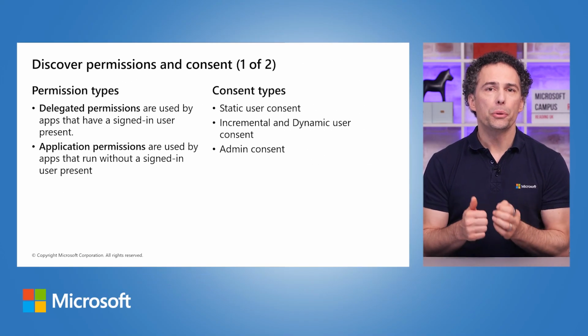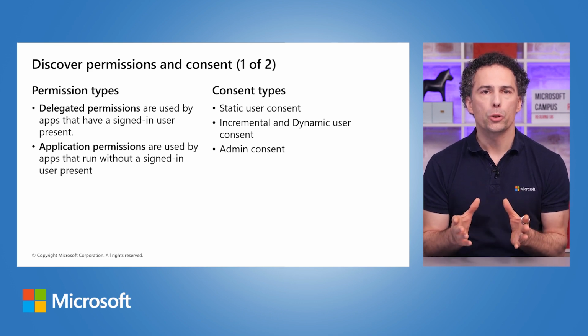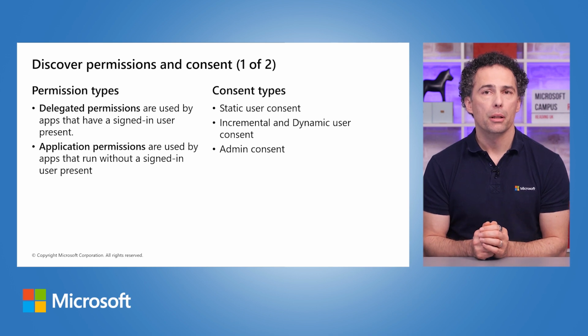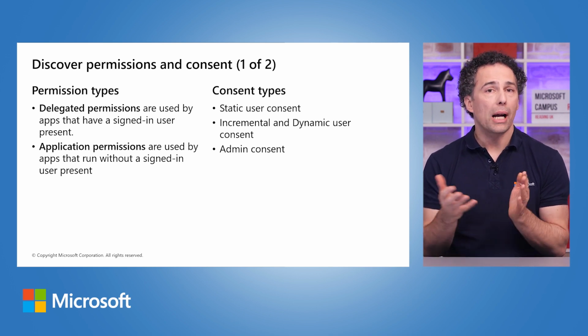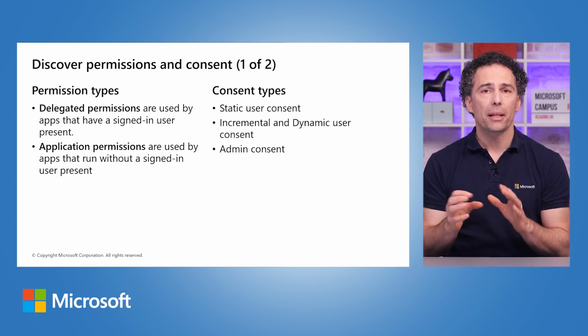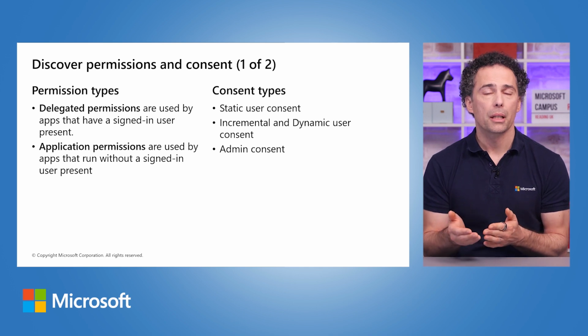In the static user consent scenario, you have to declare all the permissions your app requires in the Azure Portal's app configuration. If the user or administrator hasn't given consent for this app yet, then Microsoft Identity Platform asks the user to consent at this point.